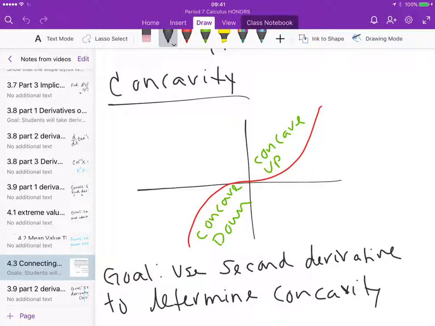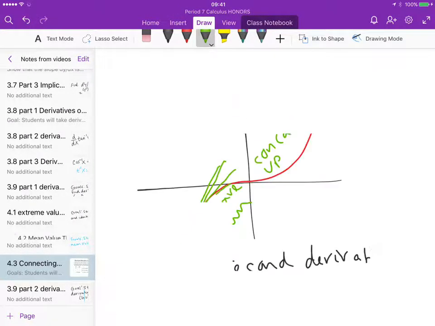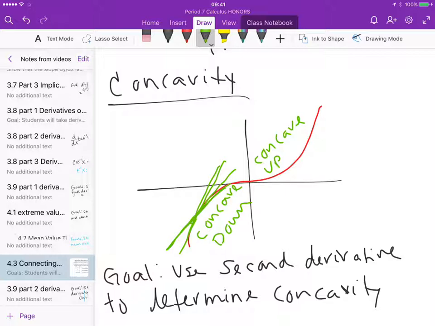Now, the specific definition has a lot more to do with what we've been talking about with derivatives. Let's say you see that the curve is below any of the possible tangent lines through this interval of the function.